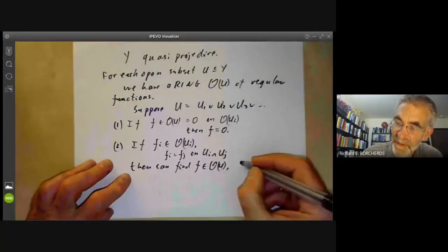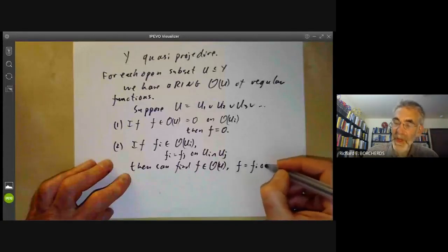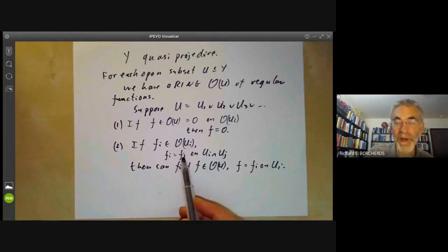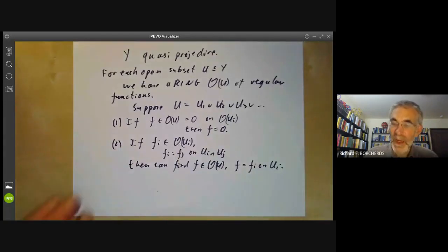Second, if fi are functions on Ui, and suppose that they're compatible, fi equals fj on Ui intersection Uj, then we can find f that's regular on U such that f becomes fi on Ui. So this is essentially just the condition we showed earlier, that if a function is locally regular on an affine set, then it's regular.